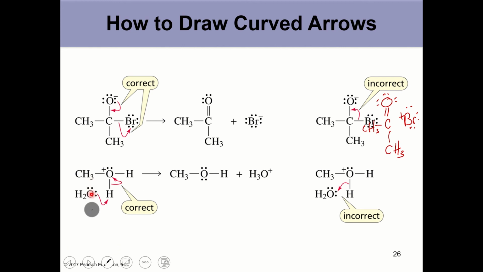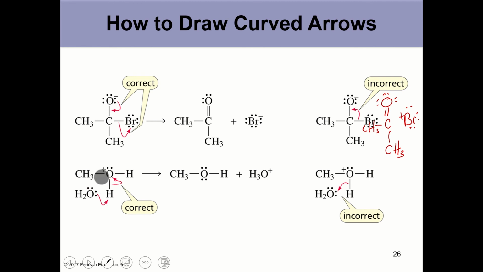Correctly drawing arrows, second example: water, a pair of electrons from water going to a partially positive hydrogen. How do we know it's partially positive? Because oxygen is more electronegative than hydrogen. When the oxygen bonds to this hydrogen, the sigma electrons break away and go to the oxygen.